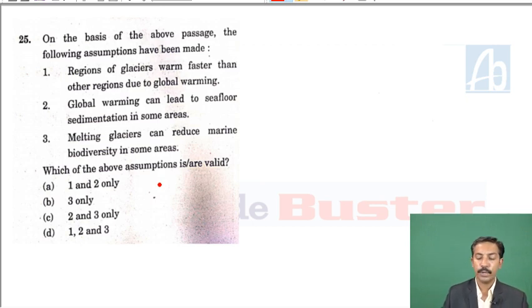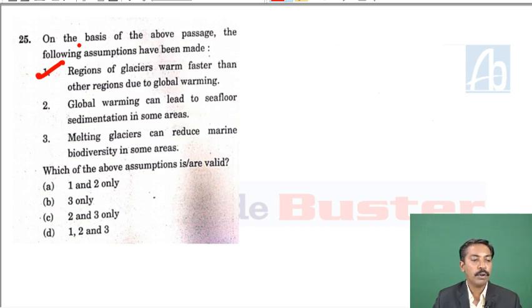Question number 25. On the basis of the above passage, the following assumptions have been made. Regions of glacier warm faster than other regions due to global warming. It is true because the first sentence says they have risen nearly 5 times faster than the global average over the past 5 decades. That indicates statement 1 is valid.